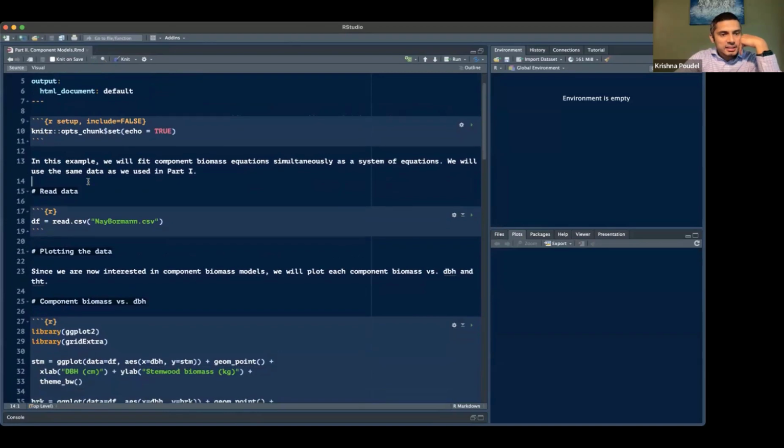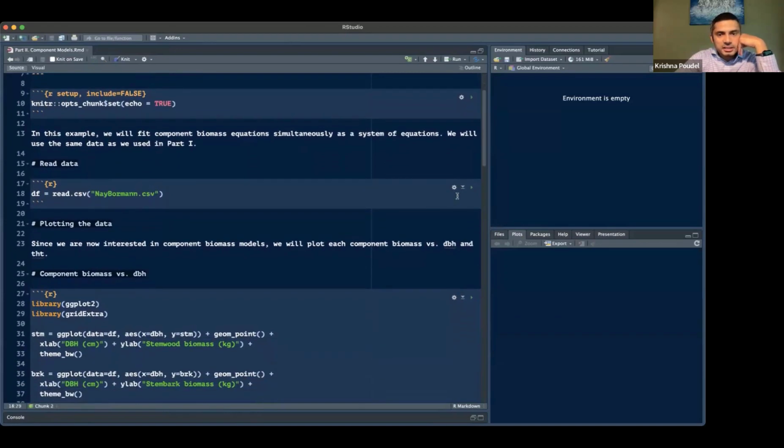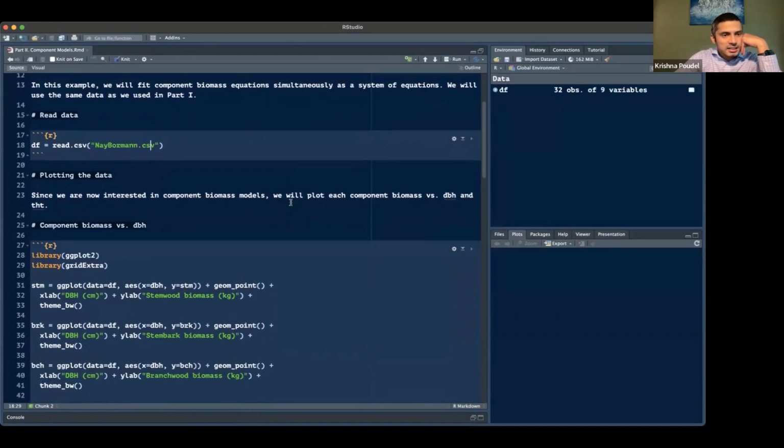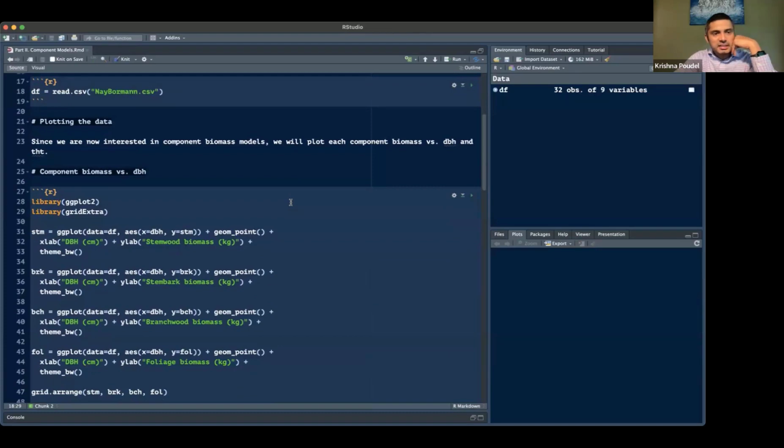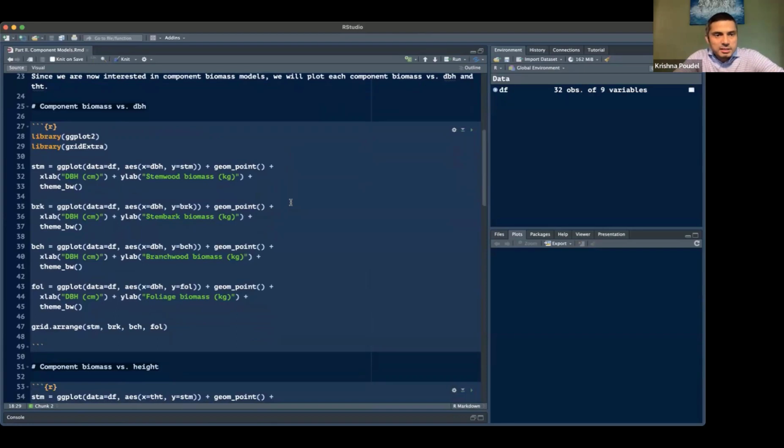Yeah, and so the second is the component biomass models, right? So in this case, we'll be using the same data set. Let's read that data, and because now we are interested in component biomass, let's plot the components instead of total above ground biomass. Once again, I'll be using ggplot2 and gridExtra. Of course, there are other options, right? R is open source.